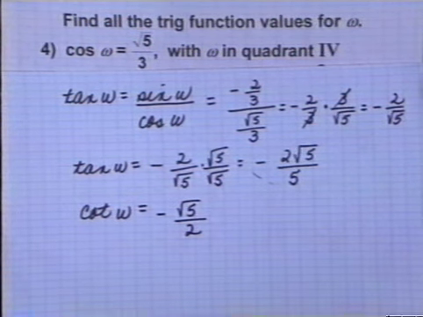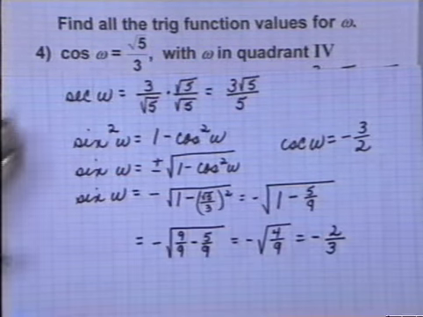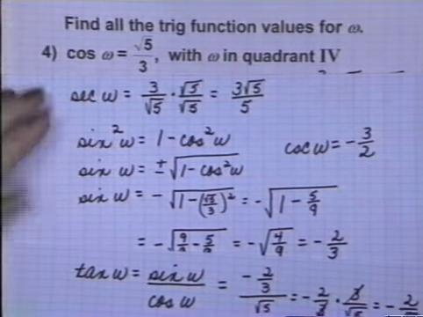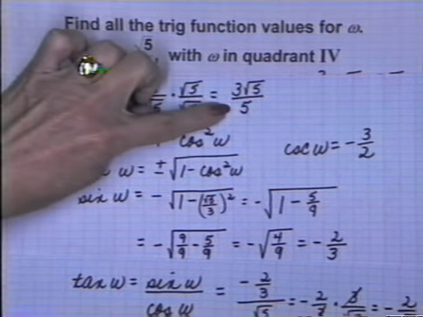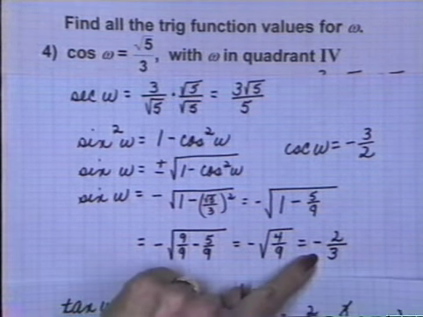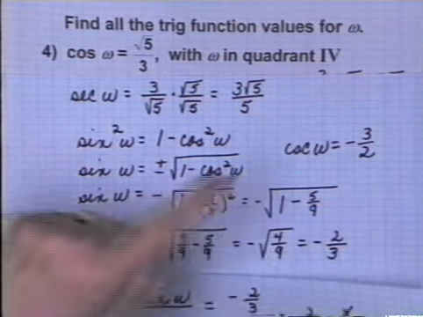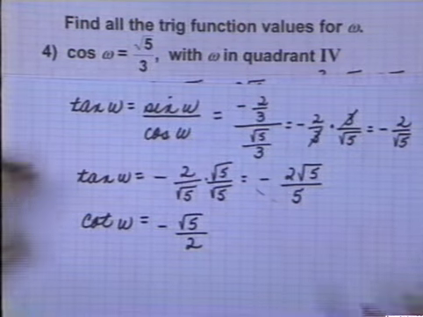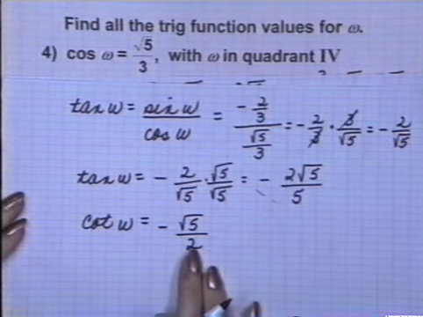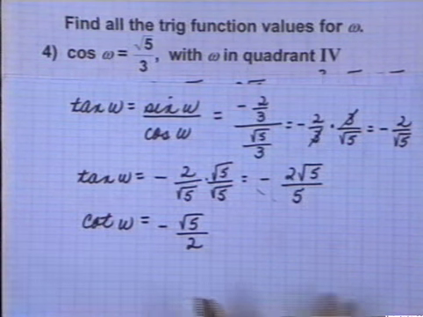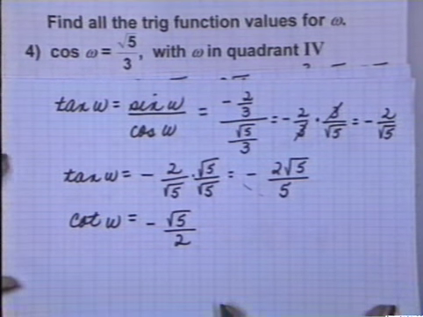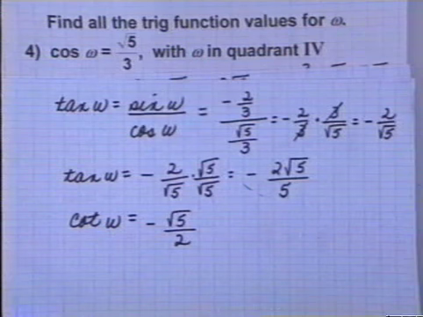And that should be all 6 functions. Let's check here. Cosine, secant, sine, cosecant, tangent, cotangent, and of course those are the same values that we got using the XYR method.